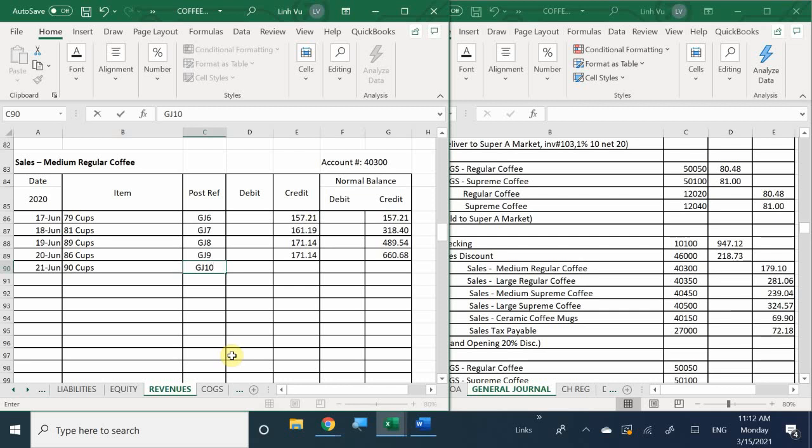Return number 10 for a total of 179.10, bringing my account balance to be $839.78. Good.